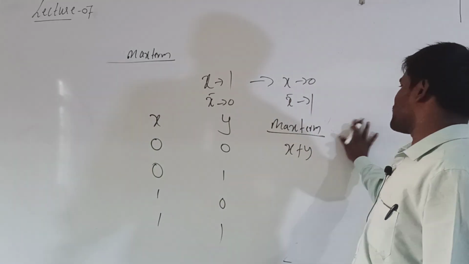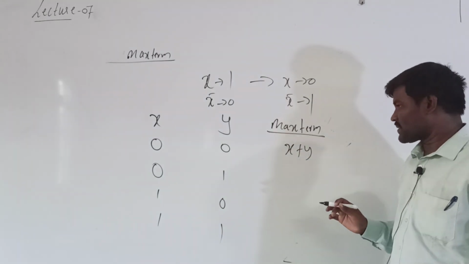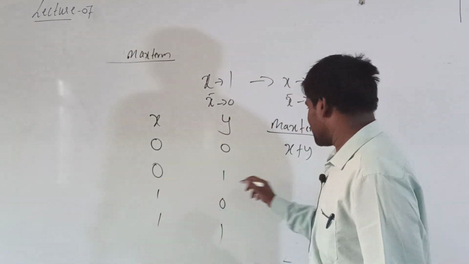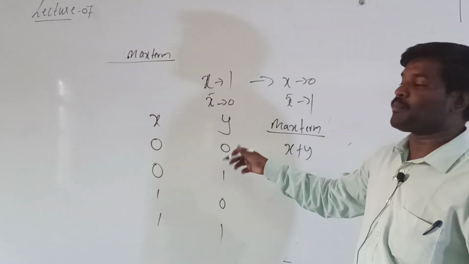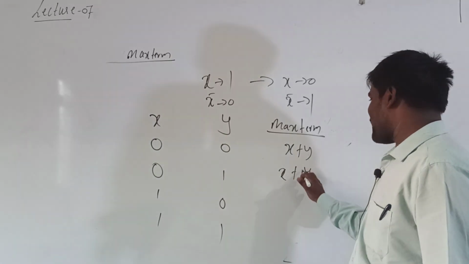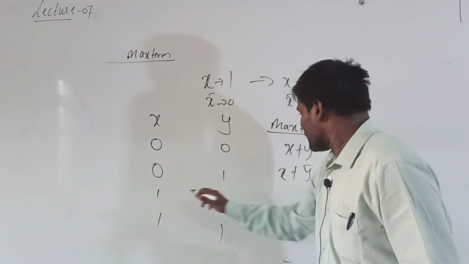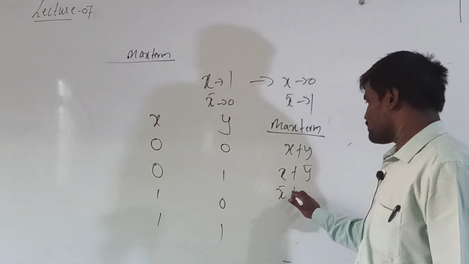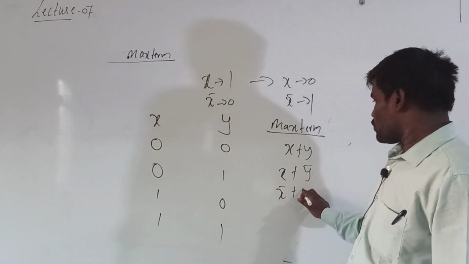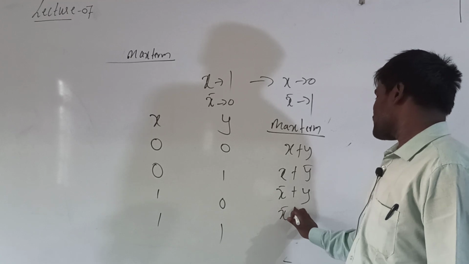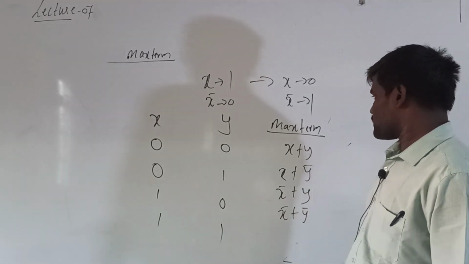Then 0 1 means x plus y bar. Here 1 0 is there, that is x bar plus y. In the same way, x bar plus y bar.